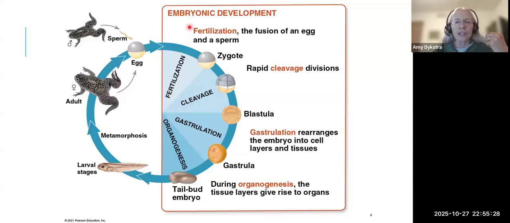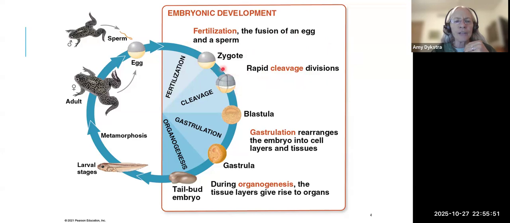And fertilization is a fusion of an egg and a sperm, and that's the process we're going to focus on today. After that process, there is a bunch of rapid cell division. So when this zygote begins to divide, that's the end of fertilization and the beginning of the stage that we call cleavage. And cleavage just means to divide.